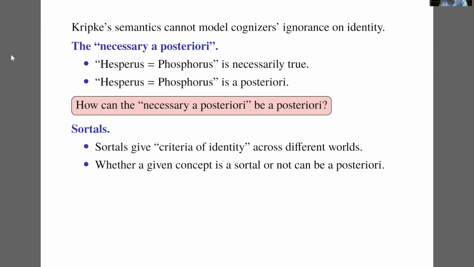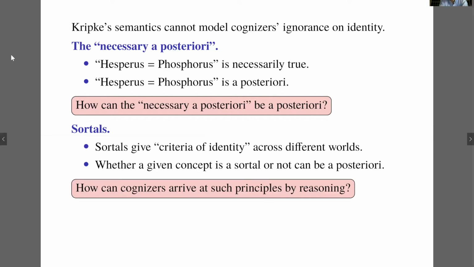But as long as we stick to the previous semantics, we cannot treat such a question, whether the concept of elementary particles is a sortal or not. It cannot be a posteriori; we cannot express that as a posteriori. So we need a picture in which we can explain how cognizers can arrive at such principles by some reasoning.